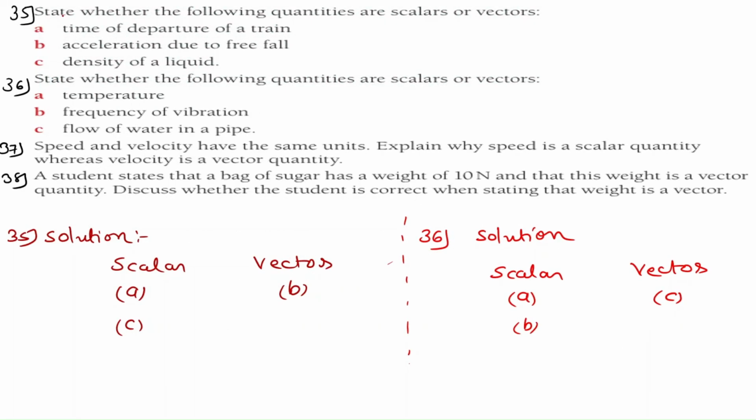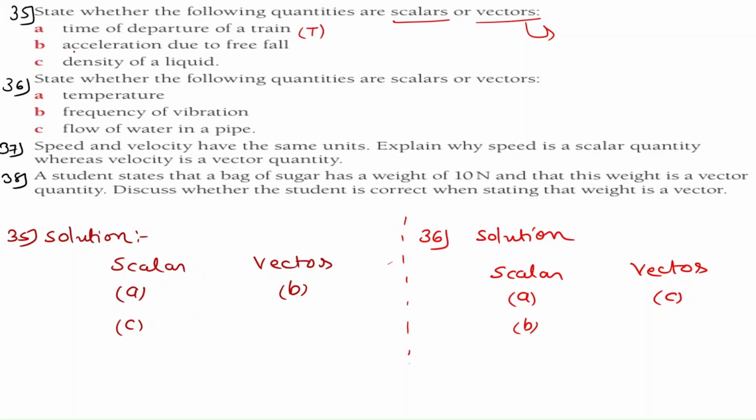In question number 35 it says, state whether the following quantities are scalars or vectors. We already understood what a scalar is and which quantities are vectors. They give the time of departure of a train, which means it gives time.